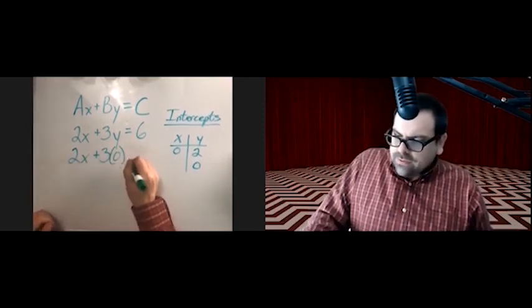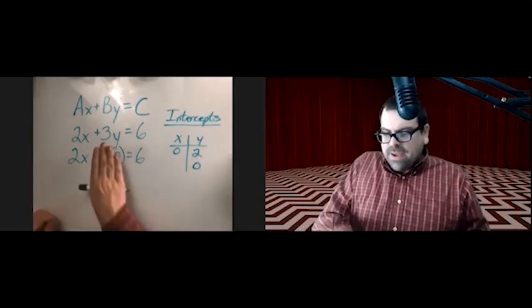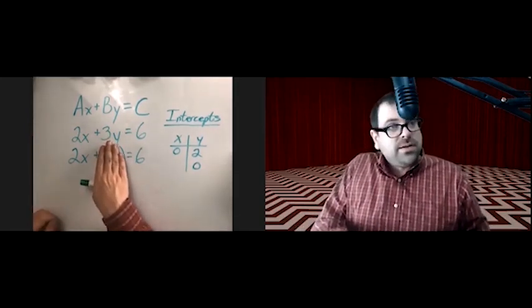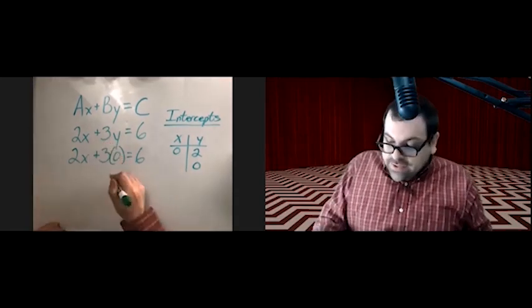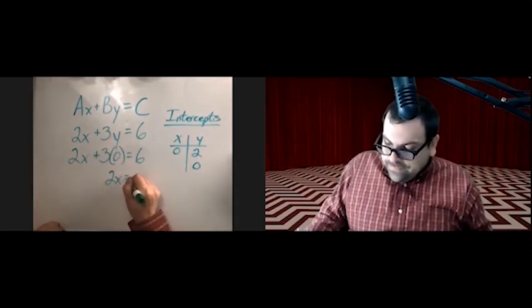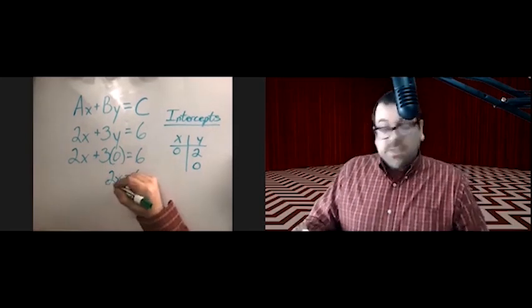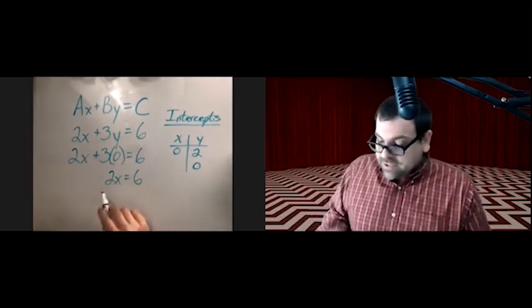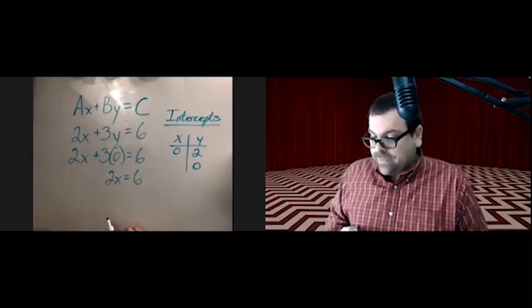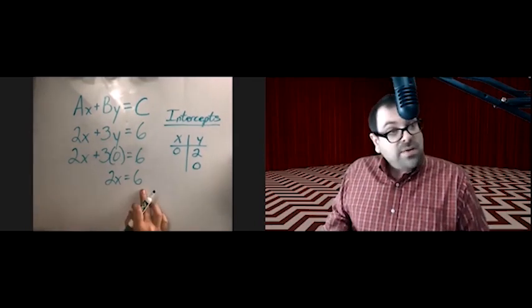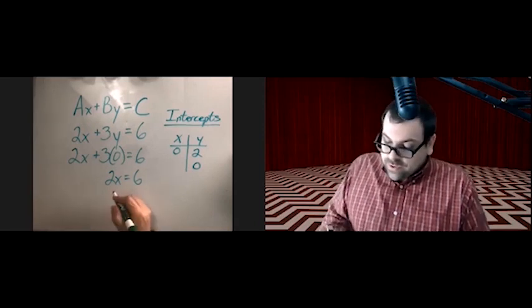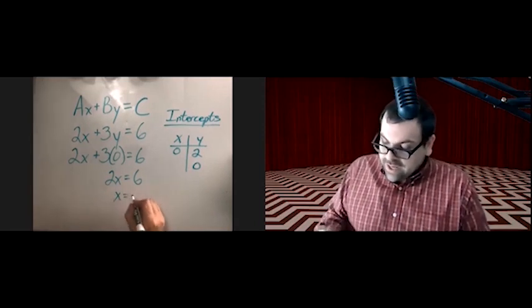Plugging in 0 is like making this term disappear. Covering that up, we see 2x equals 6. 3 times 0 is 0. 2x plus 0 is just 2x. Continuing to solve, divide both sides by 2. We get x equals 3.